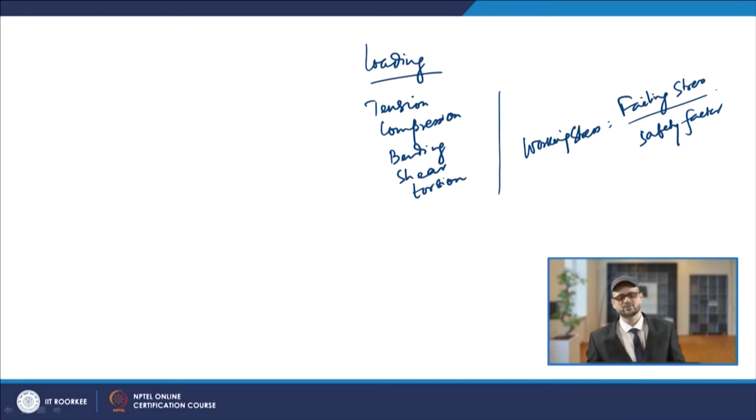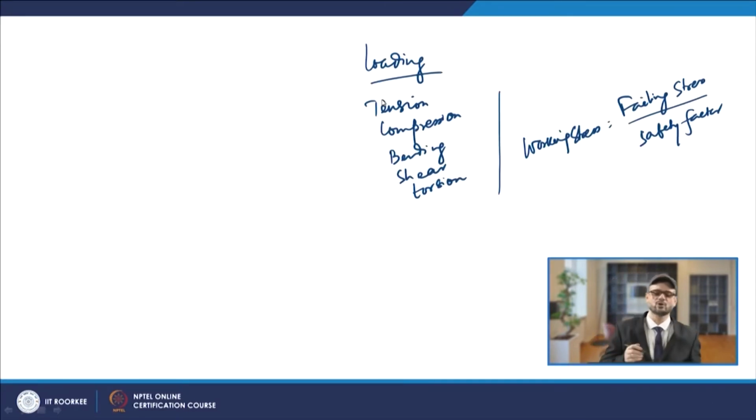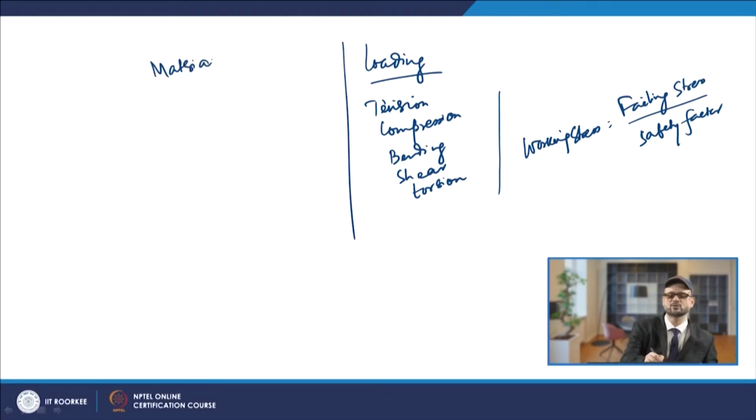Then the next important point is material selection properties: material properties or section properties. Under that, there are different material properties. We have studied that the material property is E, and the section properties depend upon the shape.